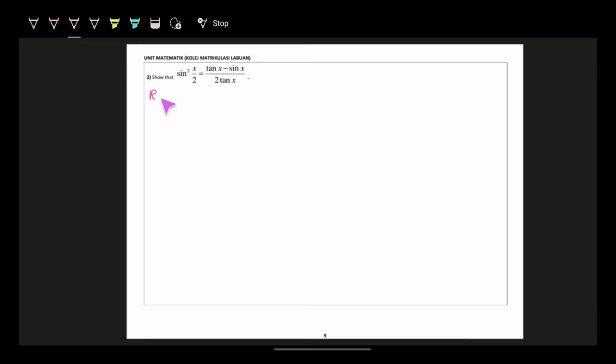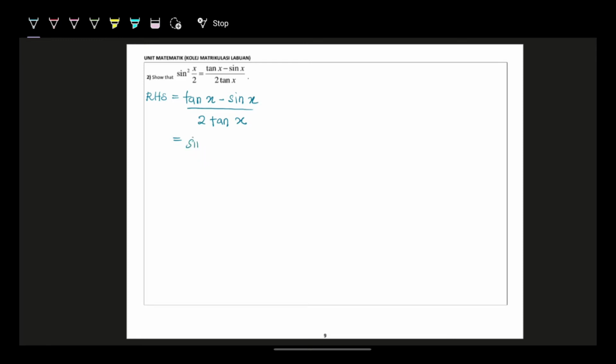So we have the right hand side, tangent x minus sine x over 2 tangent x. We are going to reduce this angle to the half.